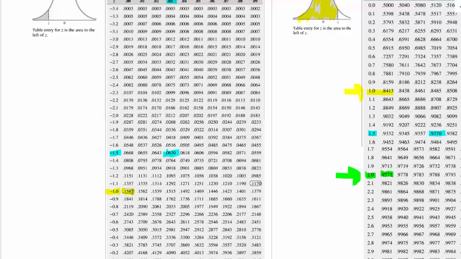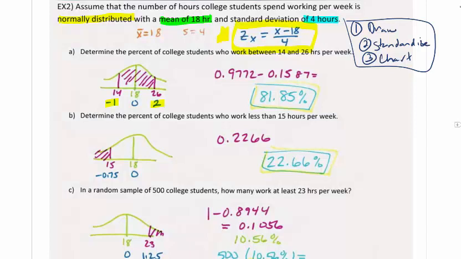So going back over, you'll see that I took these 2 pieces, and anytime we're in between, we're subtracting the second smaller piece off, because remember the chart gives you to the left, and you are converting it to a percent because it's asking for a percent form. So my answer there is 81.85%.